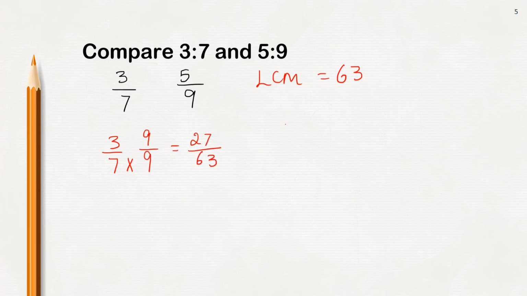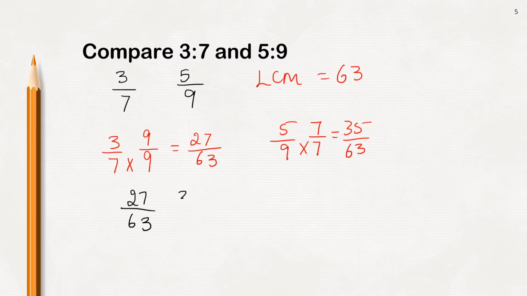Next we'll move to 5 by 9. 9 what times is 63? 9 7 times is 63. Similarly, we'll also multiply 5 with 7. So 5 7 times is 35. So we got the fractions as 27 by 63 and 35 by 63.